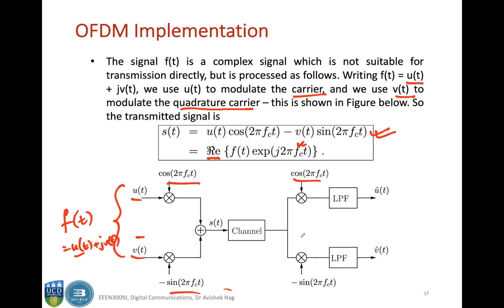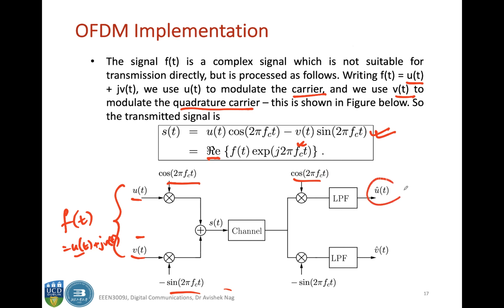You correlate with the carriers, and if you do this multiplication in the receiver, it will give you the sum frequency and the difference frequency. If you multiply two cosines and two sines, you get the sum frequency component and the difference frequency component.